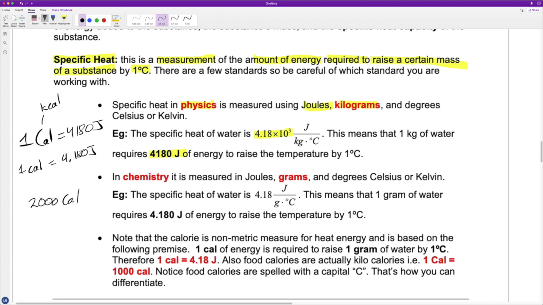Well, I want to point out that's 2,000 capital C calories. So you actually don't require 2,000 calories a day. You require 2 million small calories of food a day. Now you might be saying, wow, that's a lot of energy. And it is. So why do we require so much energy just to survive, just to run our daily metabolic processes? Well, it has everything to do with water.